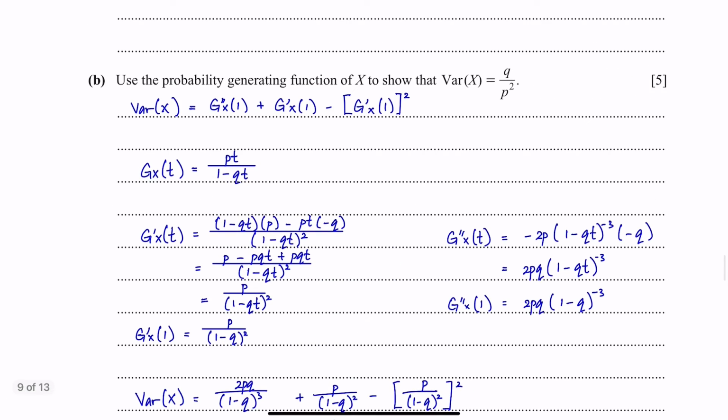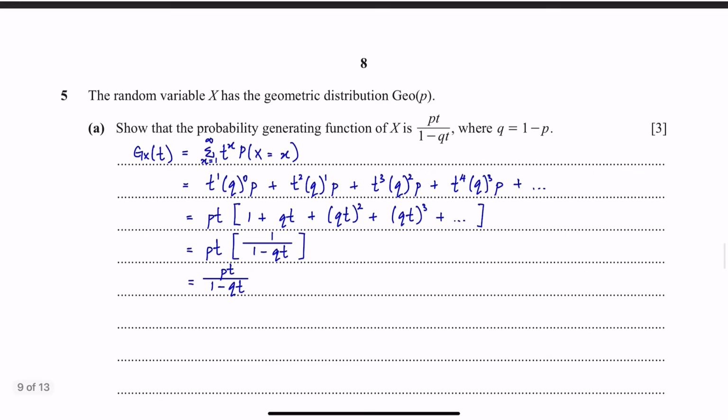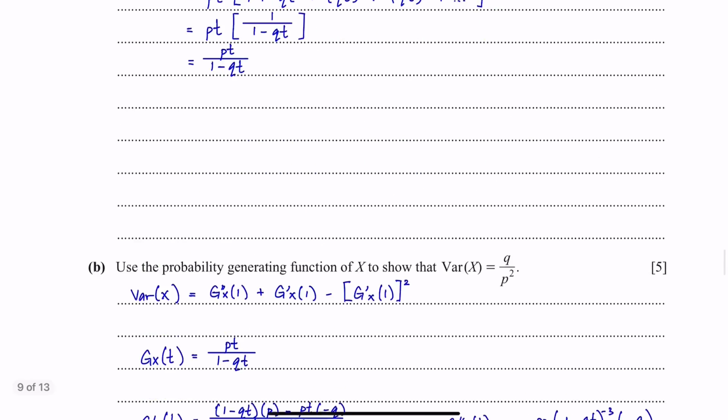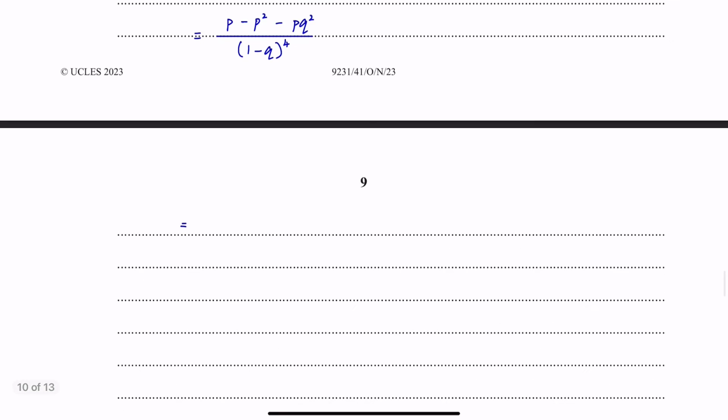And from part A, we know that q is 1 minus p. That means 1 minus q would give us p. So we can factorize the p out from the numerator and would have 1 minus p minus q squared times p.